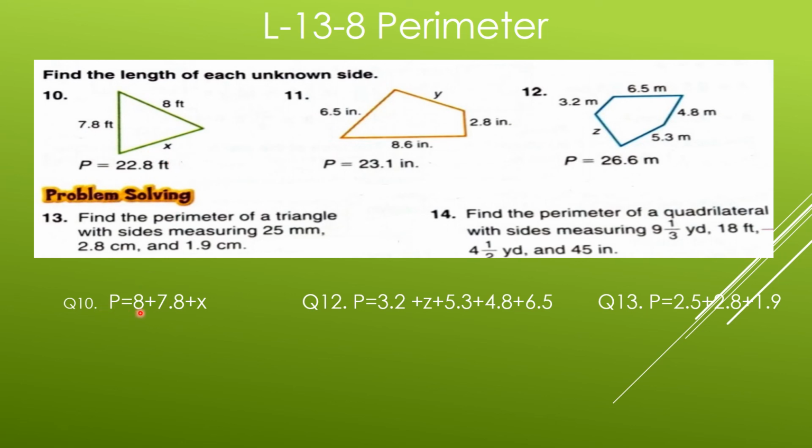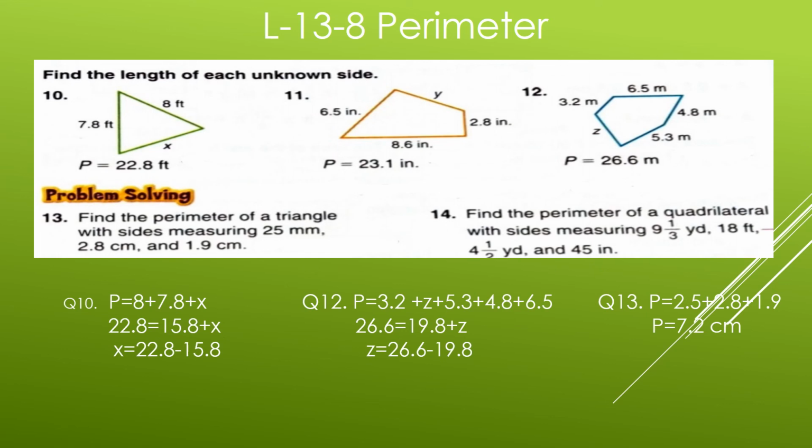Then add 8 plus 7.8, it is 15.8. And what is P? Perimeter is 22.8. Then how to find? Solving the equation. Subtract from both sides 15.8, and what is your answer? 7 feet. This question number 12 is same as this one.